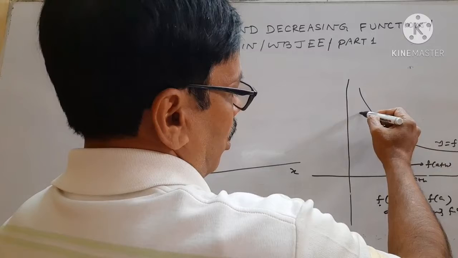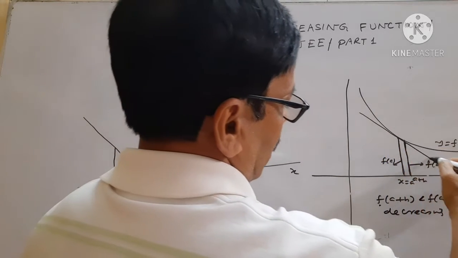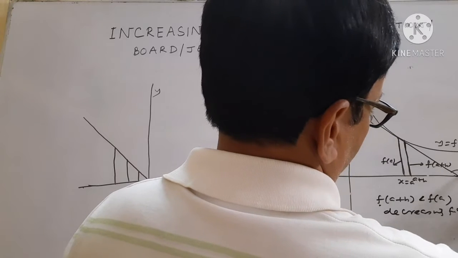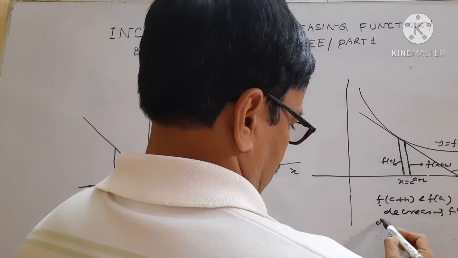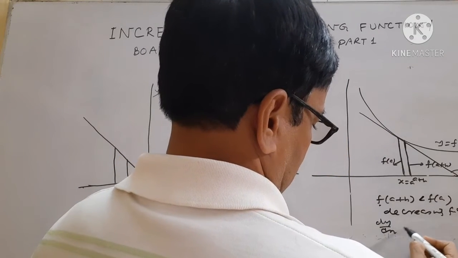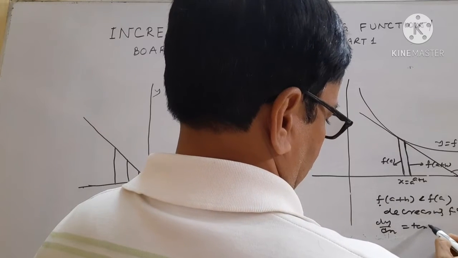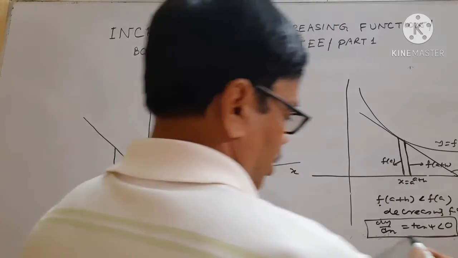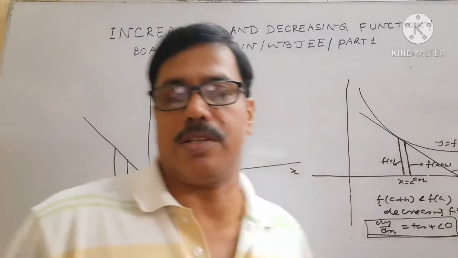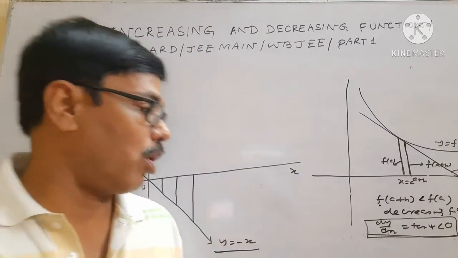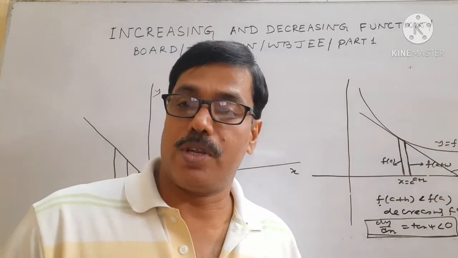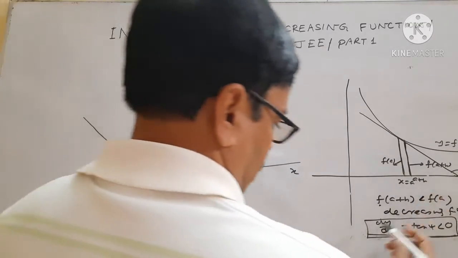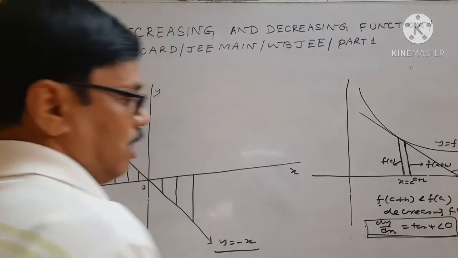And if we draw the tangent, then the tangent makes an obtuse angle, then dy/dx equals tan psi, which is less than 0. So this is the condition for decreasing function. We solve problems using the condition, not using this definition: dy/dx less than 0.